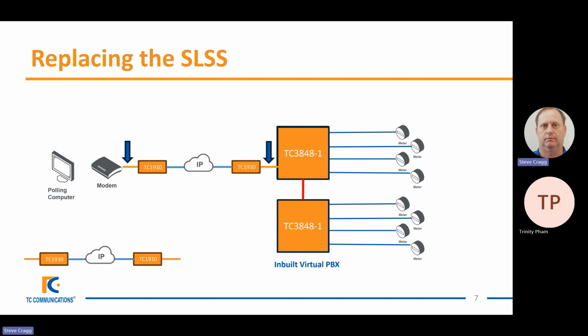And again, using a different product, in this case, the TC1910, we've again extended the phone line over an ISP internet IP network. And again, you've still got the same isolation between the two systems. There is no IP connectivity through the system that there would be by connecting the meters directly to the utility's IP system.